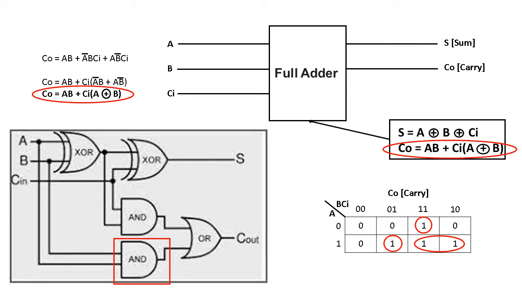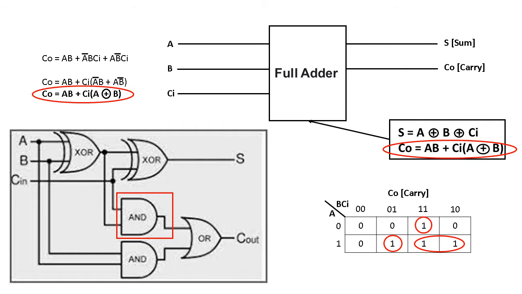You can see the function carry output equals AB, that means A into B. So we provide A and B both as input through one AND gate. Plus, we are taking another AND gate, in which we are passing the carry input along with the result of A XOR B.